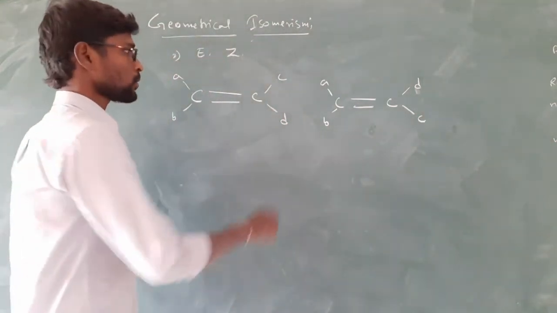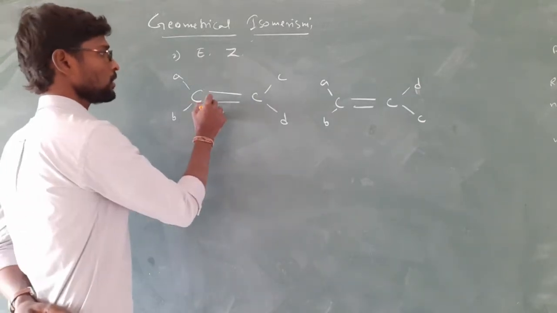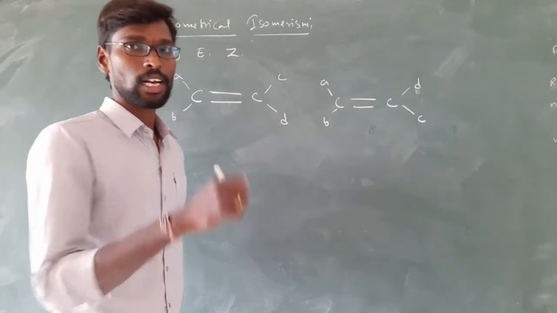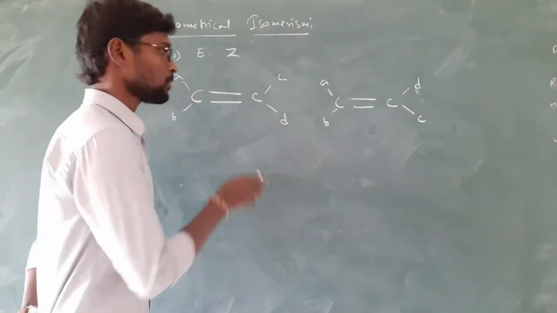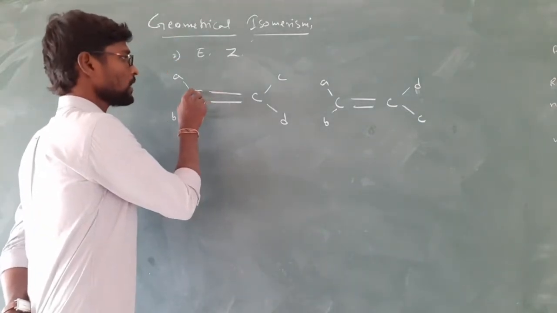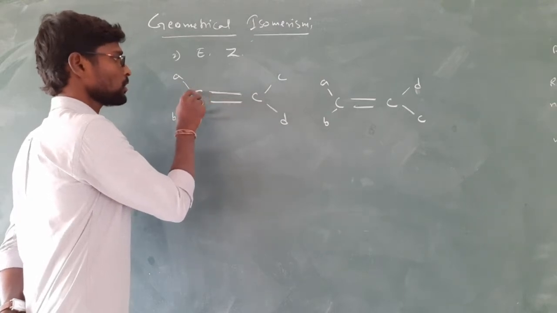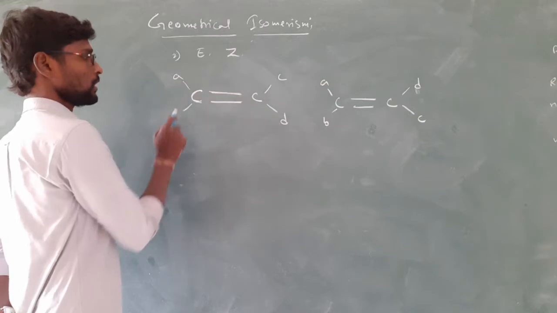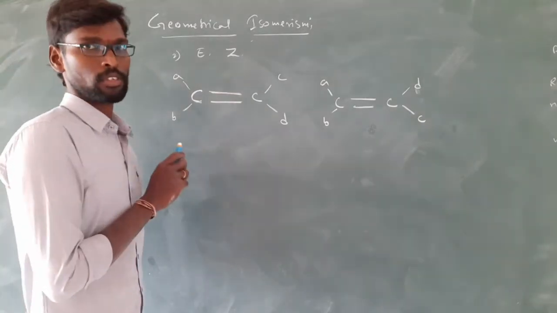I'll explain. So in this double bond, we have a little bit of rules here like RS configuration. So directly to this carbon, which atoms are present here in this group and in this group, we have to go with that one only first.